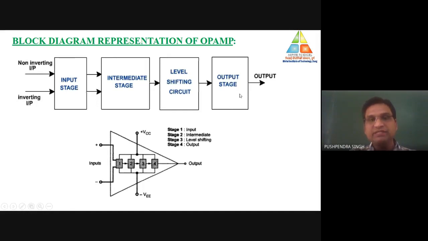In the output stage, basically we use the push-pull amplifier, either AB or B power amplifier. So these are the 4 different internal blocks of the IC 741. Now we will discuss these internal blocks one by one with the help of circuit diagrams.